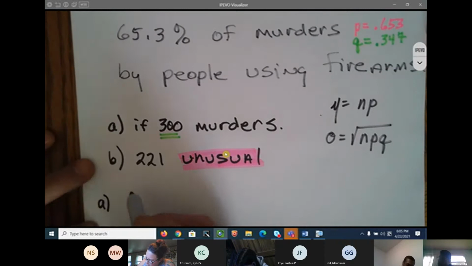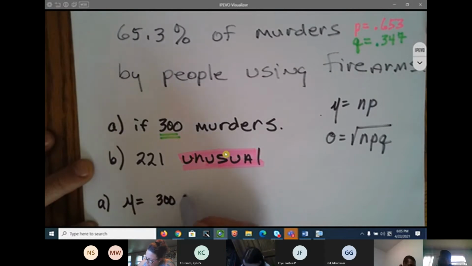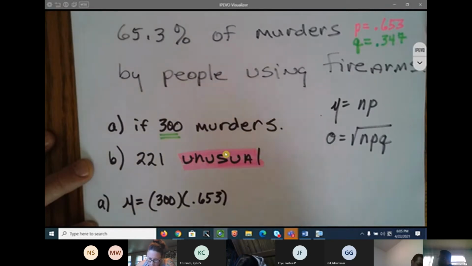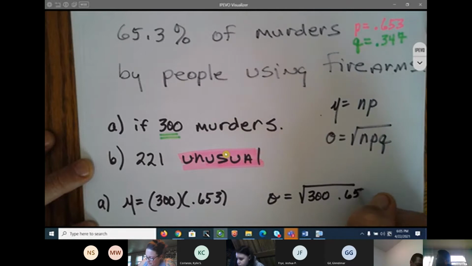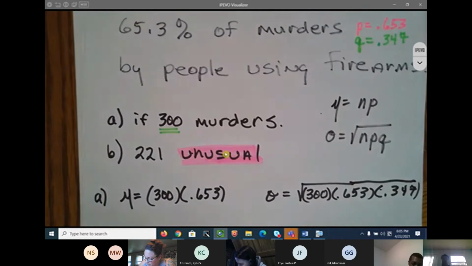Mean is equal to 300 times 0.653, and the standard deviation is equal to the square root of 300 times 0.653 times 0.347.